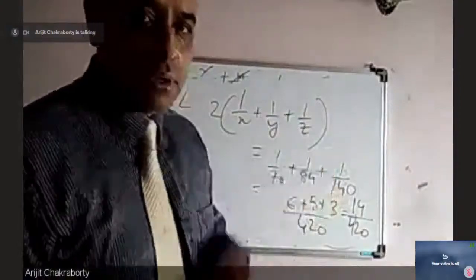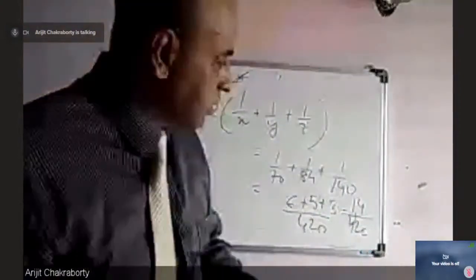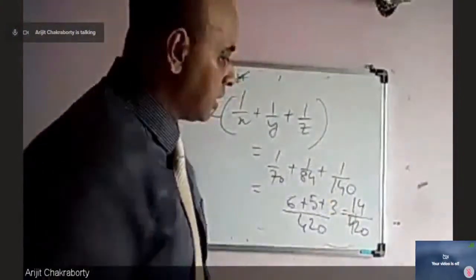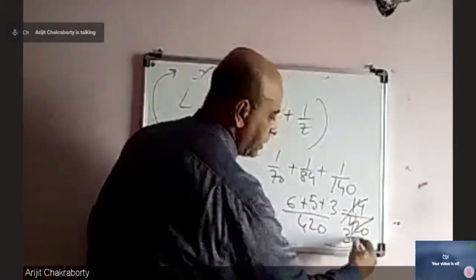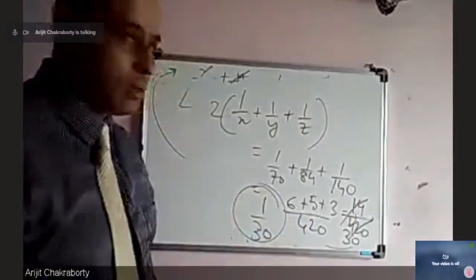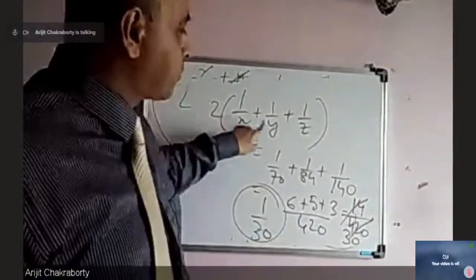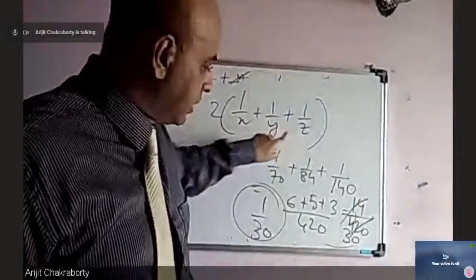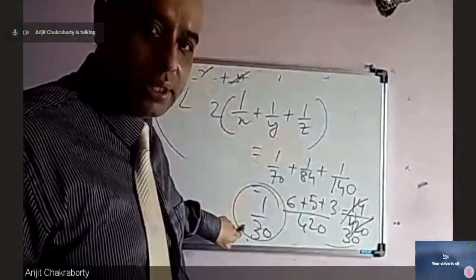If you simplify it, 14 goes 30 times, so it becomes 1 by 30. So 2 into 1 by x plus 1 by y plus 1 by z gives you 1 by 30.